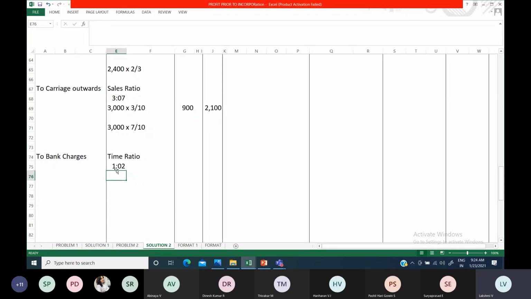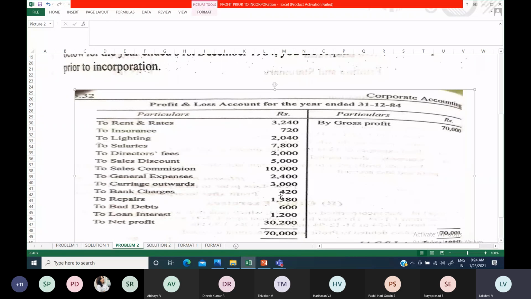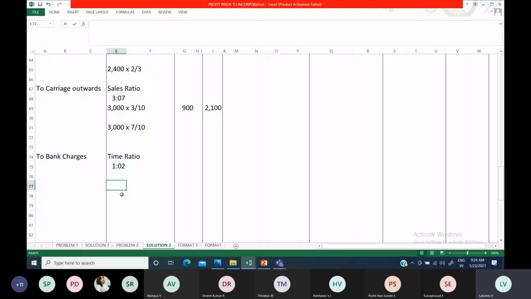So the amount is 420. 420 into 1, first part, and 1 plus 2 is 3. So this has to be entered under pre-column. Similarly for the post column, 420 into 2 divided by 3. So just mention under post column. 420 into 1 by 3 is 140, ma'am. 140 and here 280, I think so, right? 280.